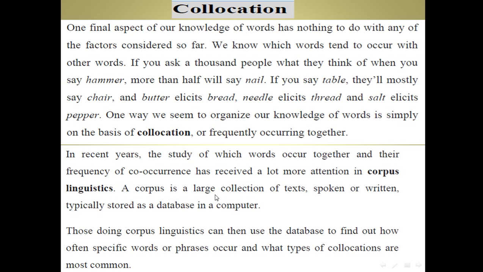A corpus is a large collection of texts, spoken or written, typically stored as a database in a computer. Those doing corpus linguistics can then use the database to find out how often specific words or phrases occur and what types of collocations are most common.